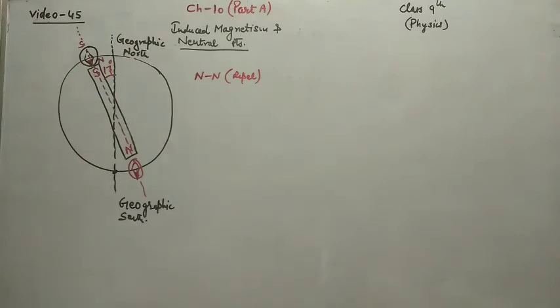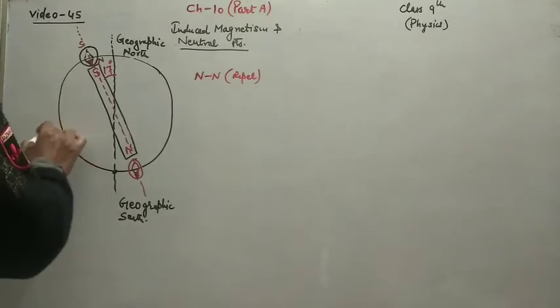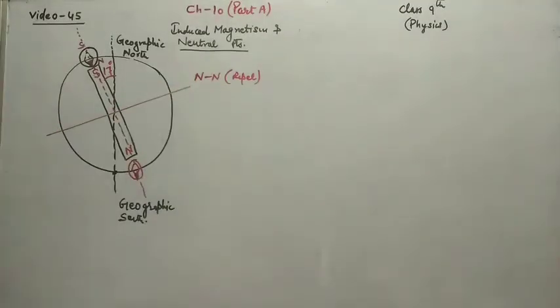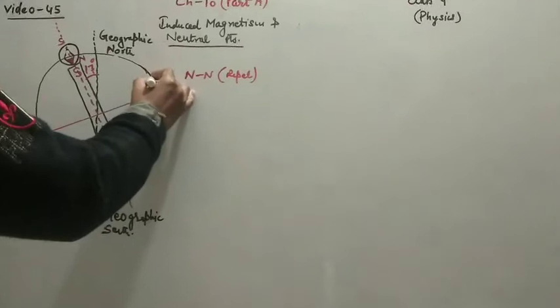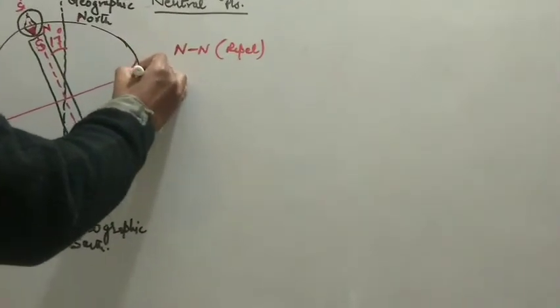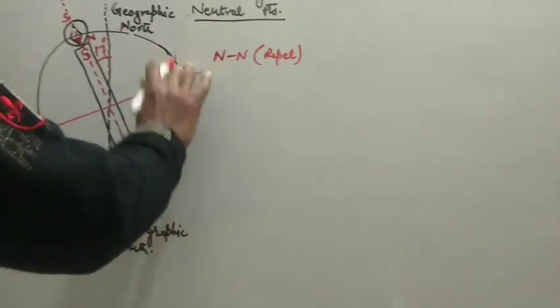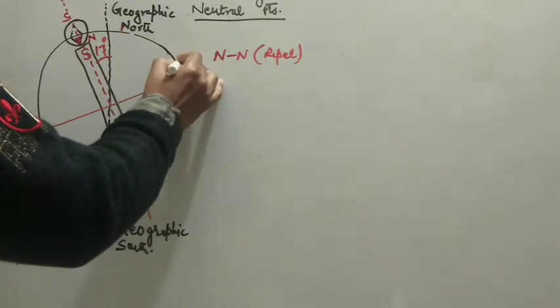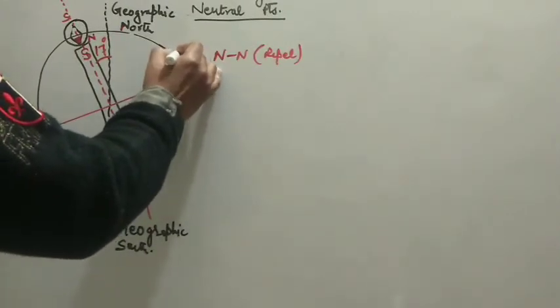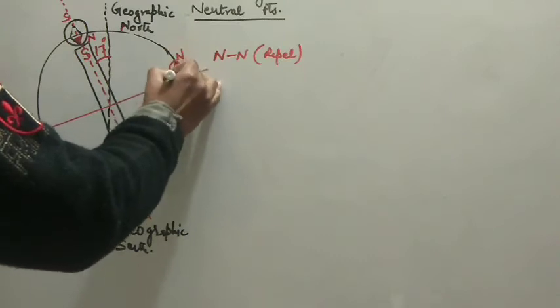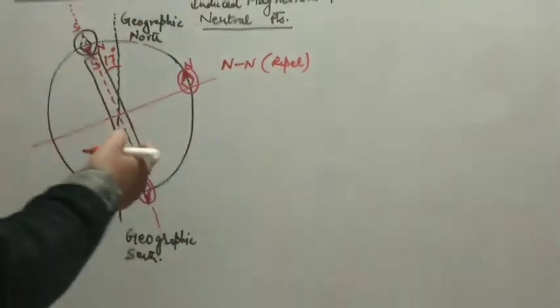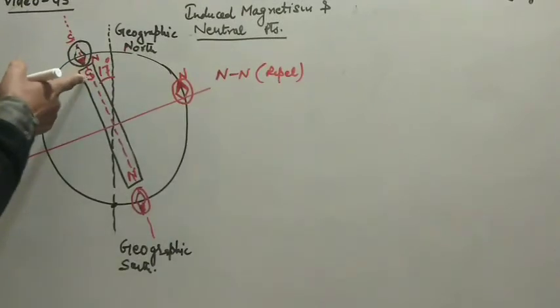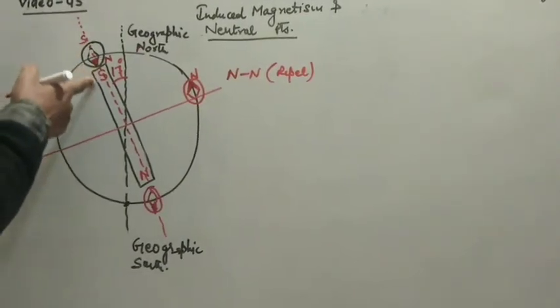Okay, so there is one equator on which you will get the magnetic compass in this way. North will come towards north, but actually this north is attracted towards this magnet's south pole.